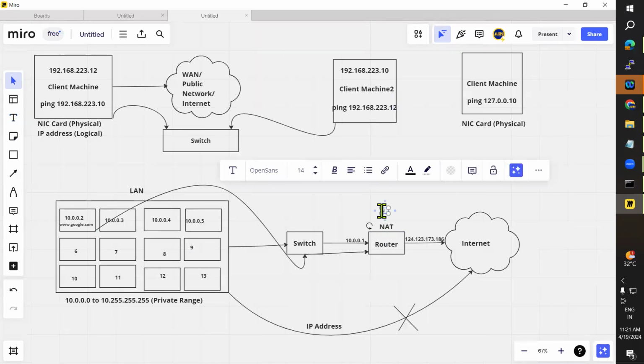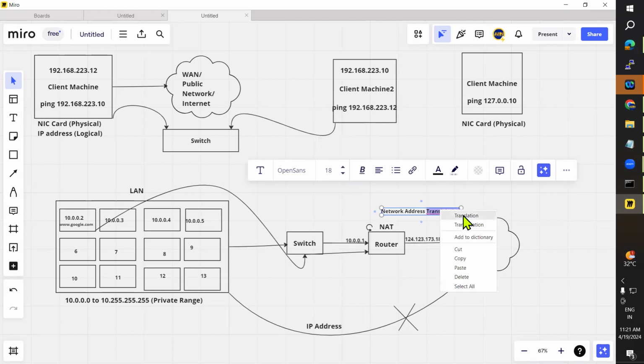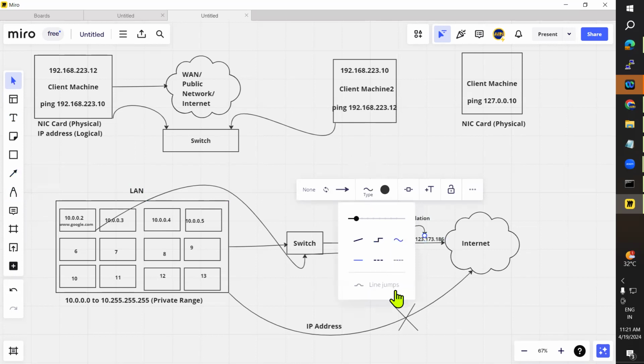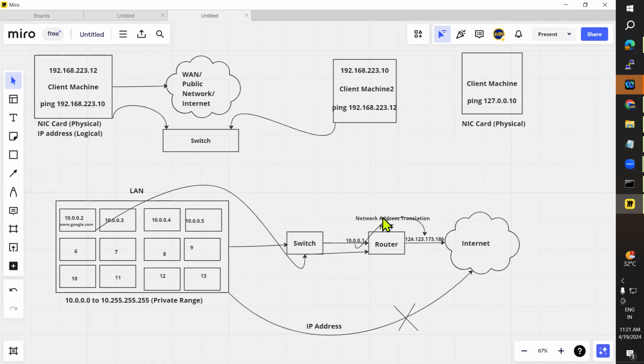So when a request comes from one of the clients for google.com, this request is converted from a private IP address to a public IP address. That is called network address translation.